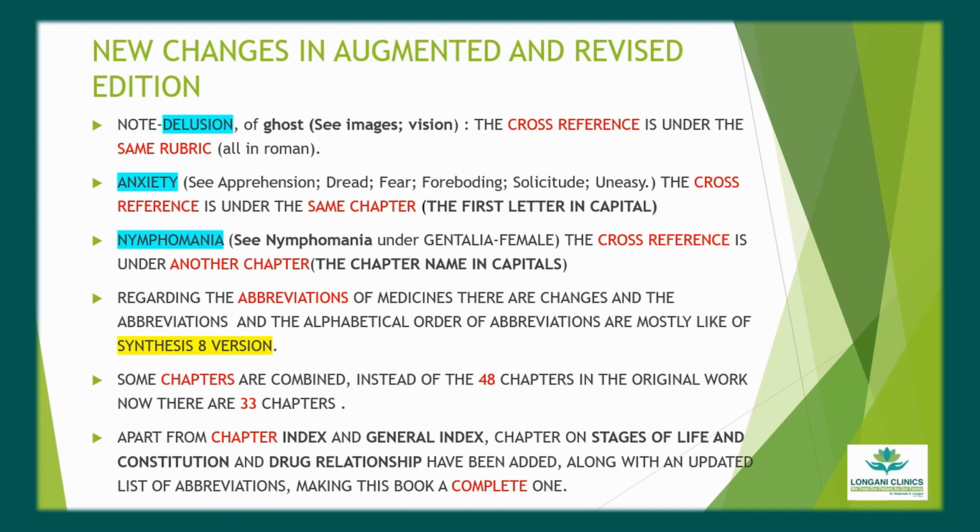Apart from the chapters, index and general index, the chapters on stages of life and constitution and drug relationship have been added, along with an updated list of abbreviations, making this book a complete one.